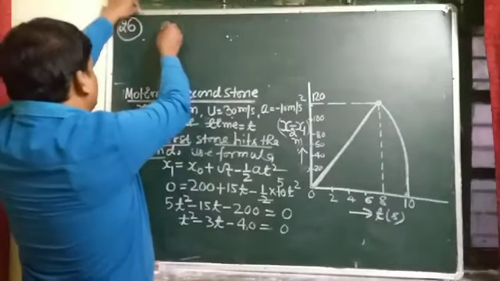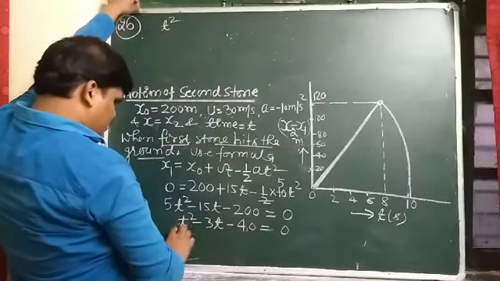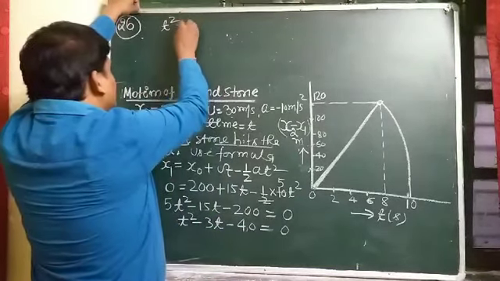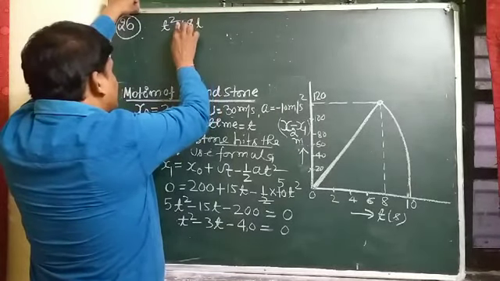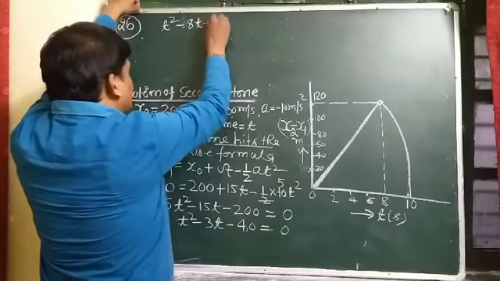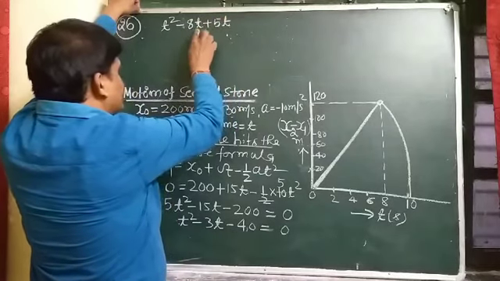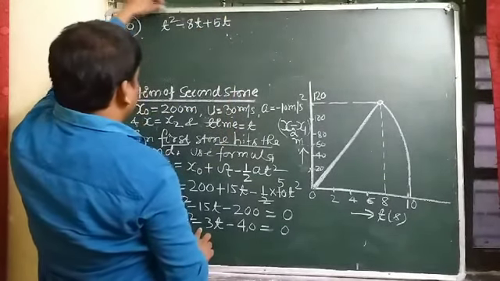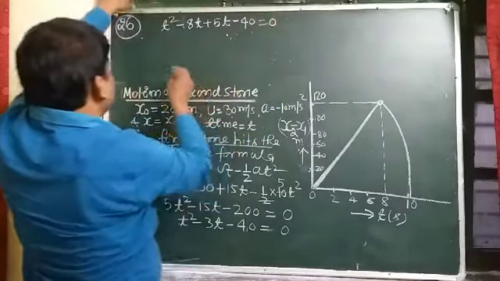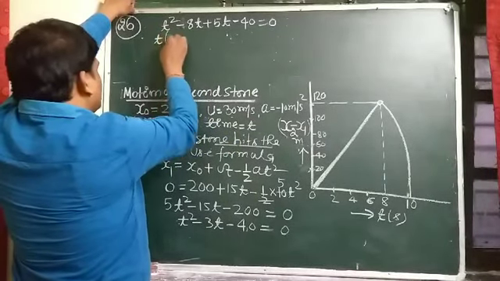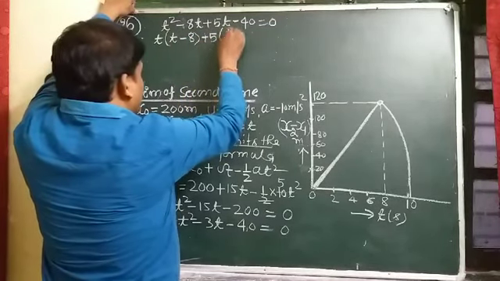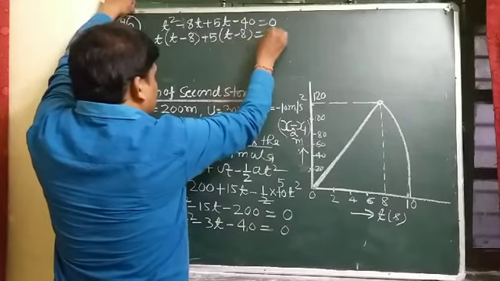Splitting the middle term, minus 3t as minus 8t plus 5t, we get t square minus 8t plus 5t minus 40 equals 0. Taking common t, it comes out to be t minus 8, and also 5 common, t minus 8, equal to 0.